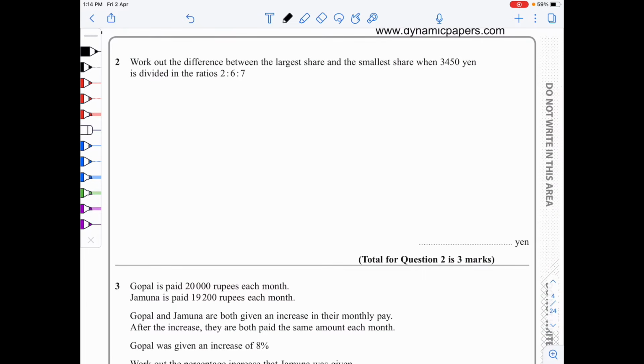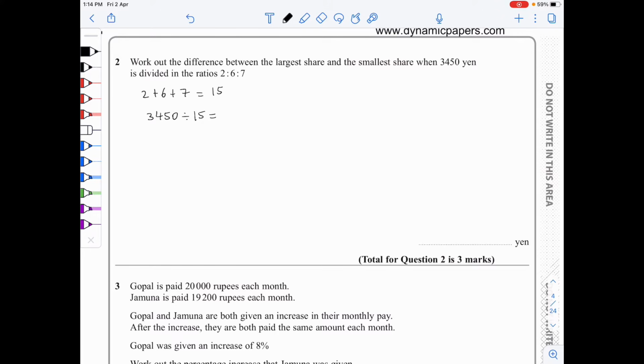In 2, we need to work out the difference between the largest share and the smallest share when 3,450 yen are divided in the ratio 2 to 6 to 7. So if we just start off by saying that 2 plus 6 plus 7 is 15, we can conclude that we are splitting 3,450 into 15 equal parts.